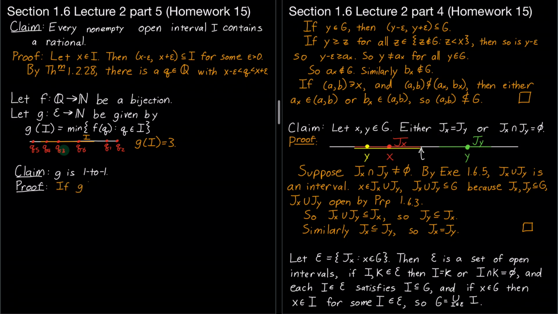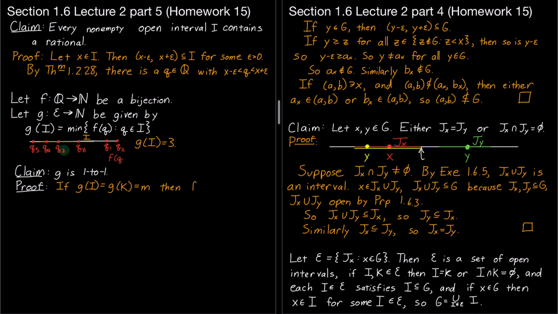If g of I equals g of K, and let's give it a name, let's say g of I equals g of K equals m. Then I feel like I should clarify my notation a little bit here.